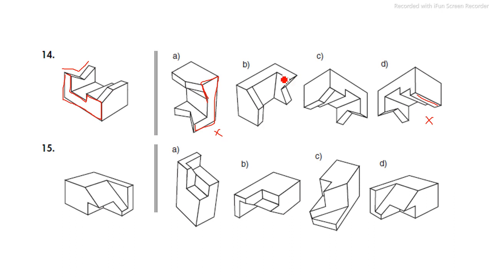Here this is going good, but this complete wall is missing here, right? So till now it is good, but this complete wall is missing, so this is not our answer. Now here we can see this can be our answer, right? And here also, but this is already eliminated, this eliminated, this eliminated, so this is our answer.